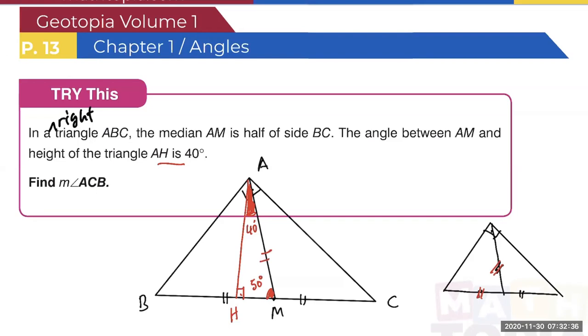We could use the interior angle theorem, perhaps. Because these two angles add up to 50, right? Or we can go from here, right? This is 130. Yeah. And then if this is x and x, well, x and x would be equal to 50 together, so 25.